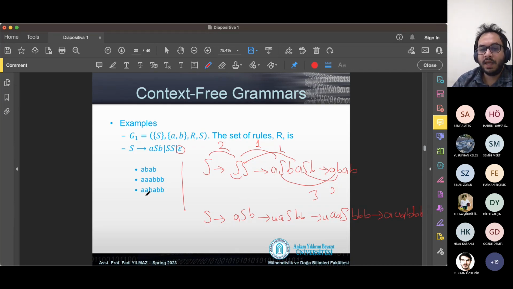What about this? A, B, B, B. Or A, B, B, B. Can you see how we can generate this? Any question, guys, about this? How we can generate this, the last one?